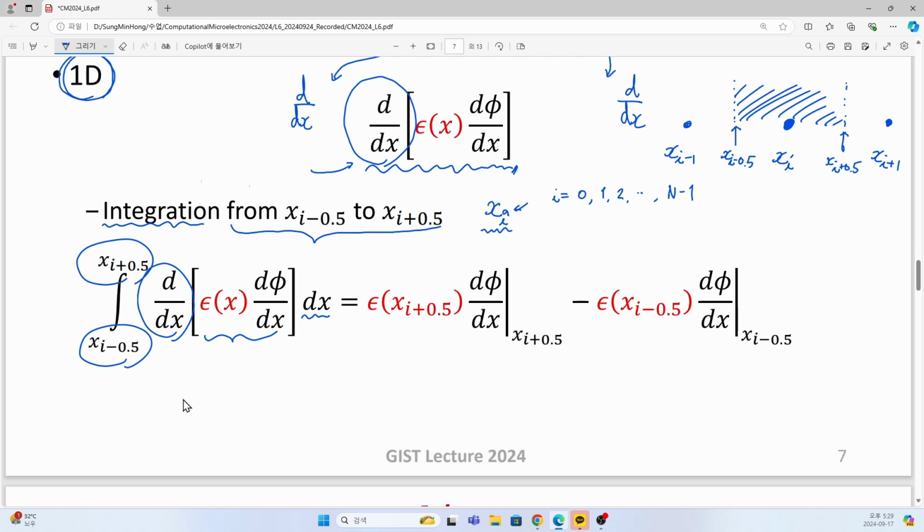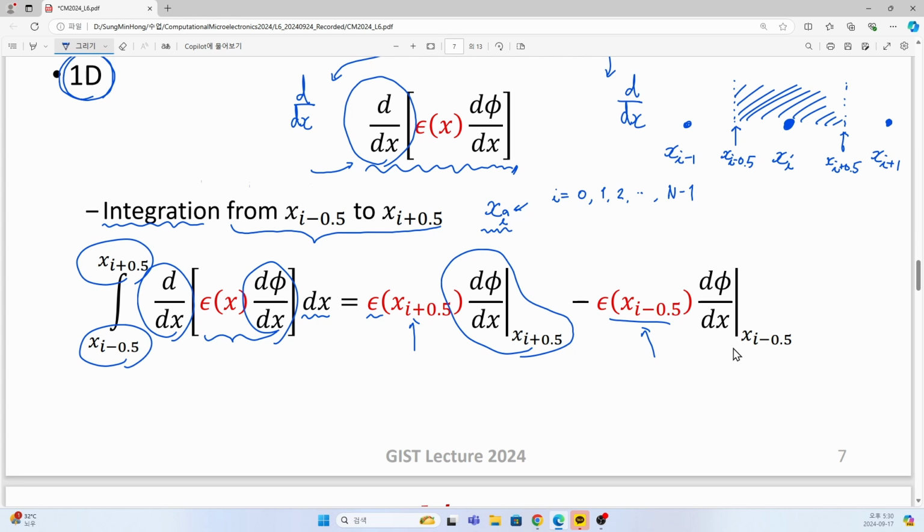So by performing this integration, we have to calculate the permittivity at the upper point and this first derivative at the upper point, minus the permittivity at the lower point and d phi over dx at the lower point.